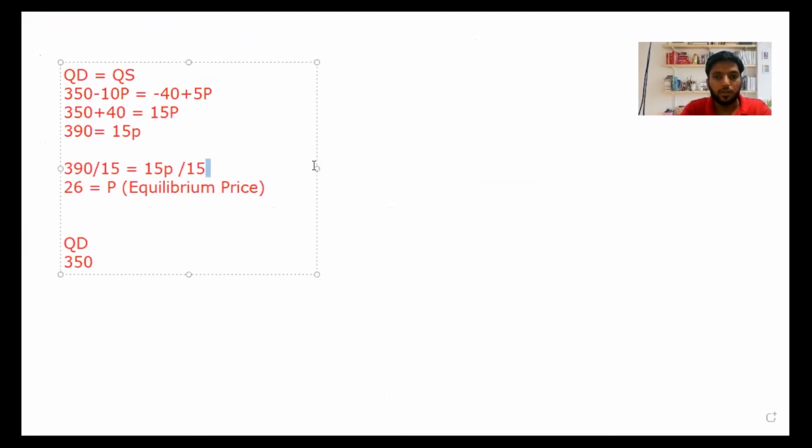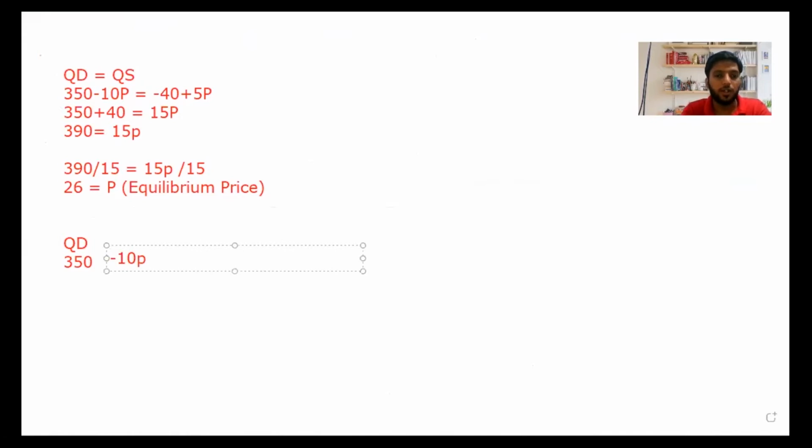Okay, so now the first one which I have written: QD is equal to 350 minus 10p. That is the formula.